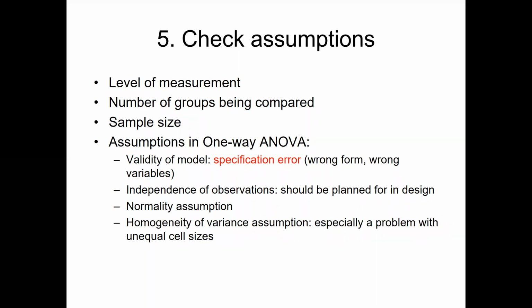So you do want to check that assumption. And as I said, the homogeneity of variance assumption can be checked. You mostly should look at the first two of those assumptions in your design, and the normality assumption and homogeneity of variance in the analysis. And we'll do both of those in class.